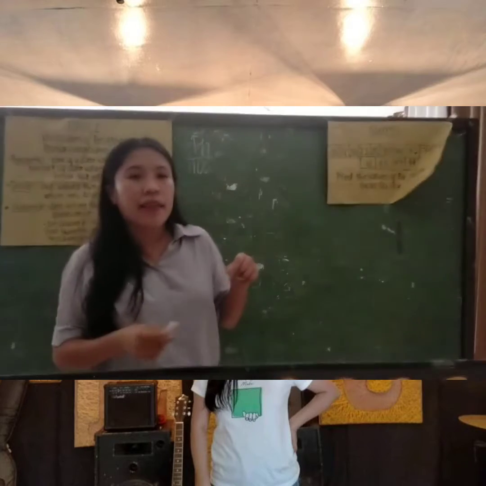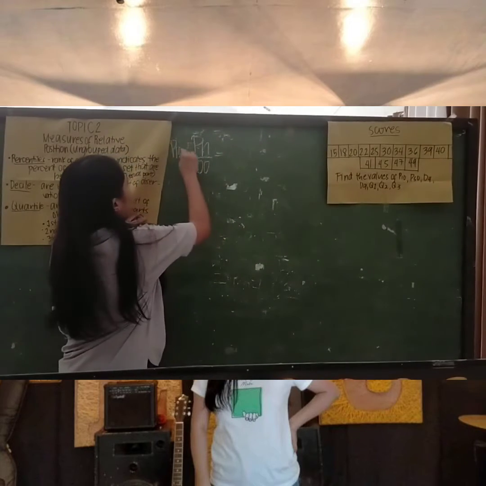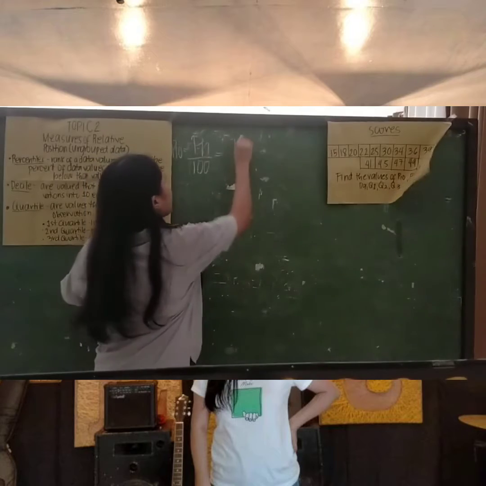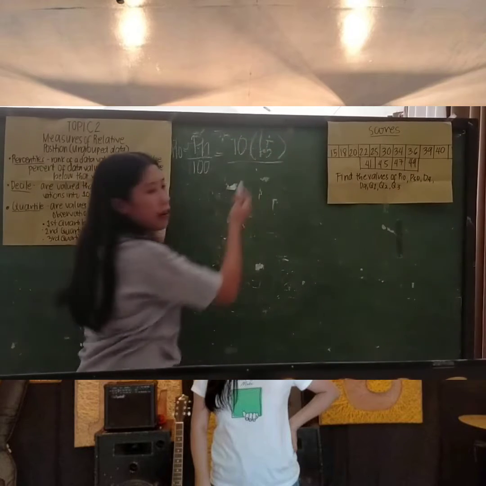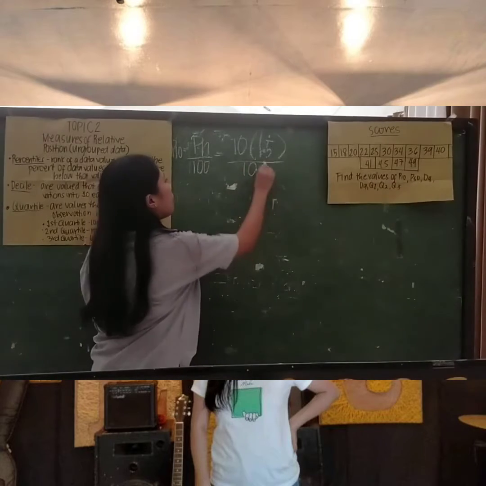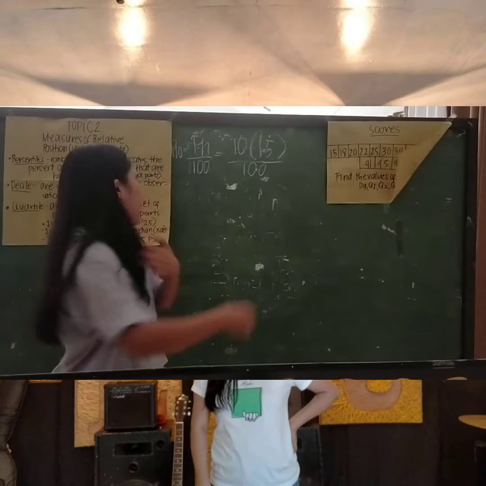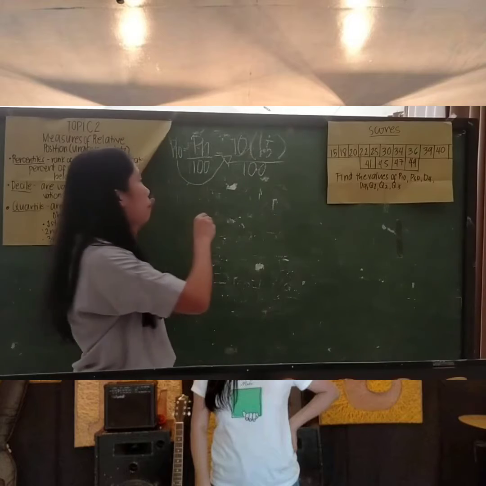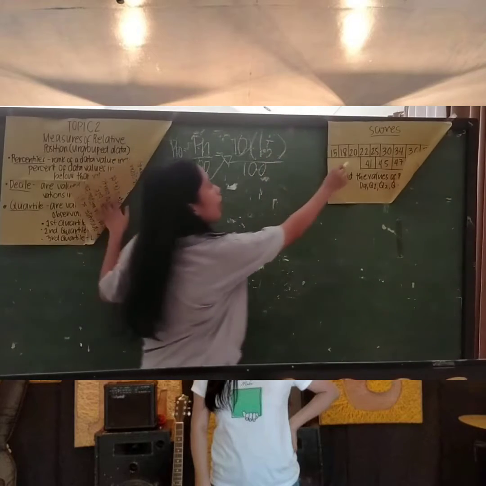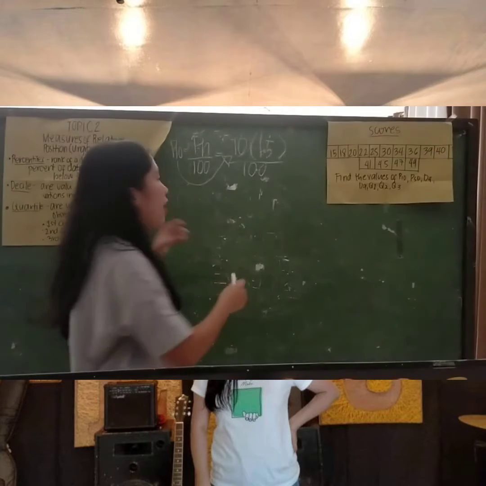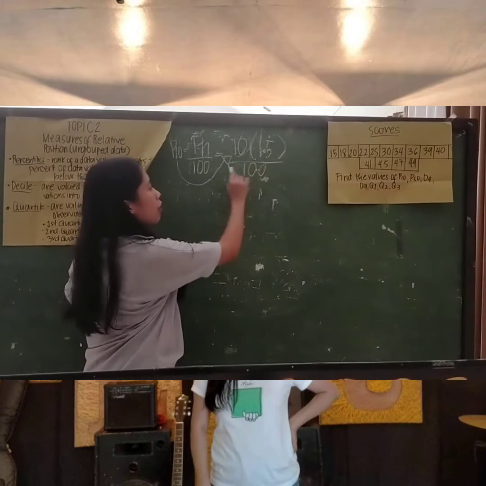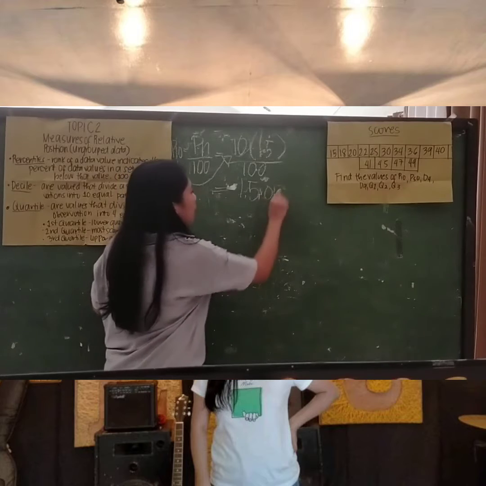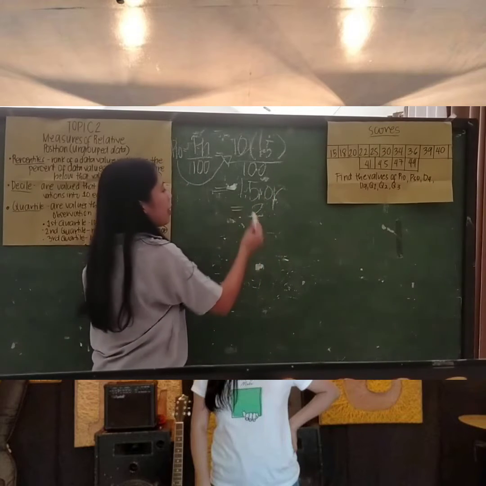We are looking for P10, so the formula Pn over 100 equals 10 times 15 over 100. The 100 is a constant, the 10 comes from P10 because we are looking for percentile 10, and the 15 is our data because we have 15 scores. When we solve 10 times 15 over 100, the result is 1.5, which rounds up to 2.